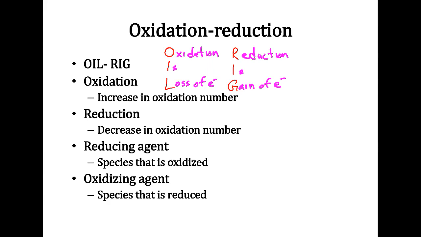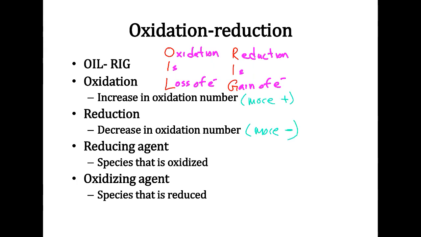So remember that oxidation is loss of electrons, which will lead to an increase in oxidation number, which means you're getting more positive. Okay, reduction is gain of electrons, so you're going to have a decrease in oxidation number, which means you're becoming more negative.